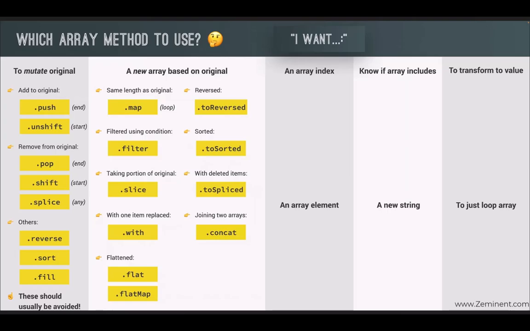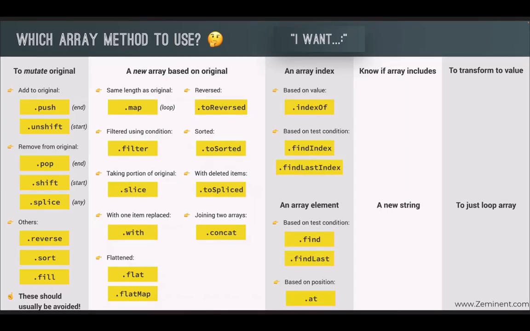All right. So next up, sometimes we need an array index. And for that, we have the indexOf, findIndex and findLastIndex methods. Now the difference between them is that findIndex and findLastIndex can search for elements in the array based on a test condition that we provide in the callback function.